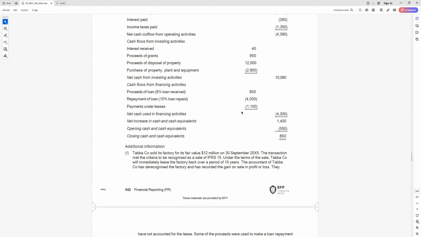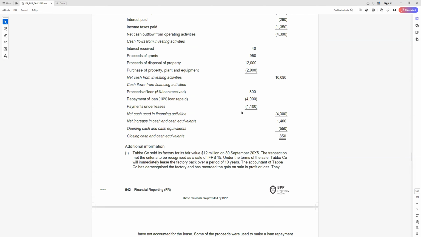Of course, if we look at our financial statement, everything we calculate is based on it. The net increase in cash and cash equivalents is 1.4 million. So it shows an overall increase of 1.4 million.